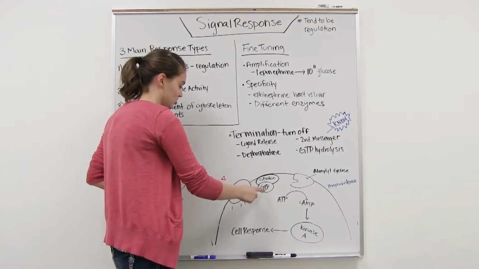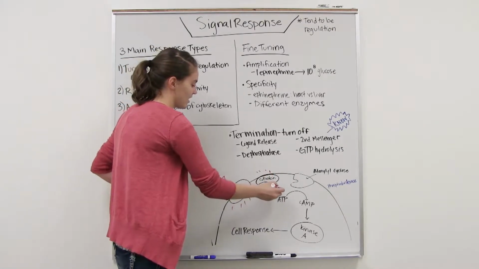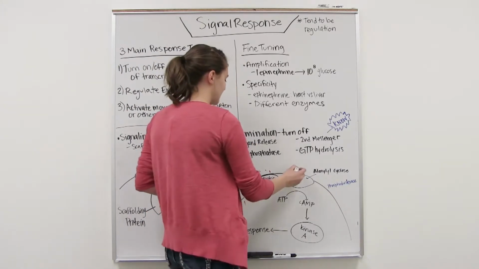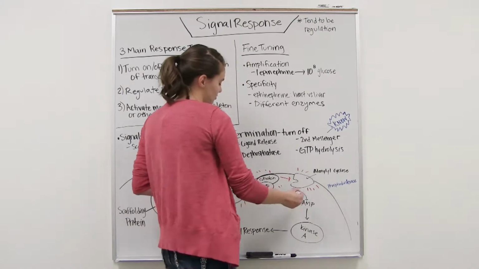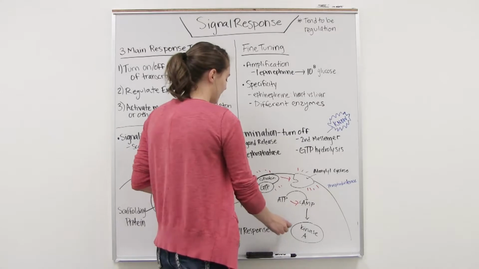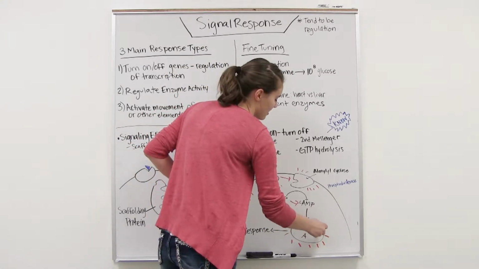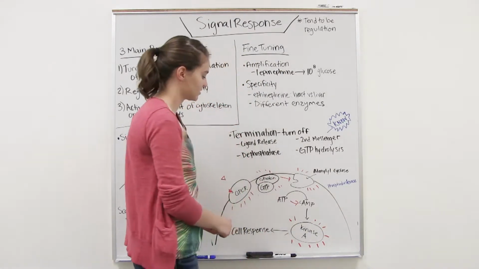We are going to change its GDP to a GTP, and now that this is activated, it is going to go over to our adenylyl cyclase and activate it. And now that this is activated, it's able to create a bunch of cyclic AMP, and then this cyclic AMP is going to be used to activate kinase A, and kinase A is going to activate other things, which will result in a cellular response.